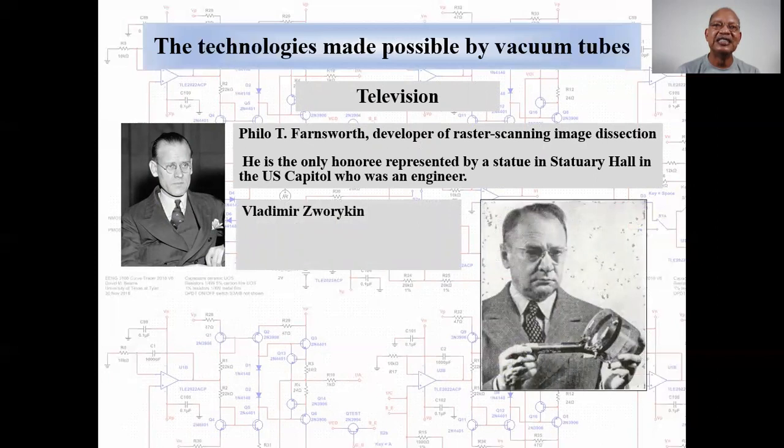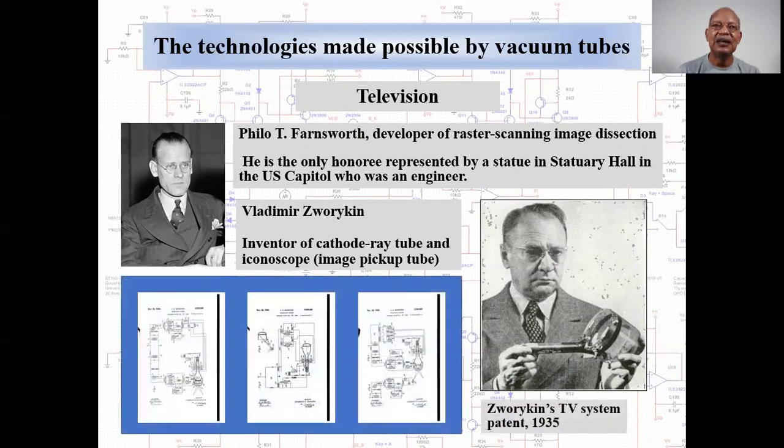Vladimir Zworykin, Russian-American television pioneer. Zworykin developed the cathode ray tube, CRT, and the iconoscope, TV pickup tube. A copy of Zworykin's patent for an all-electronic television system.